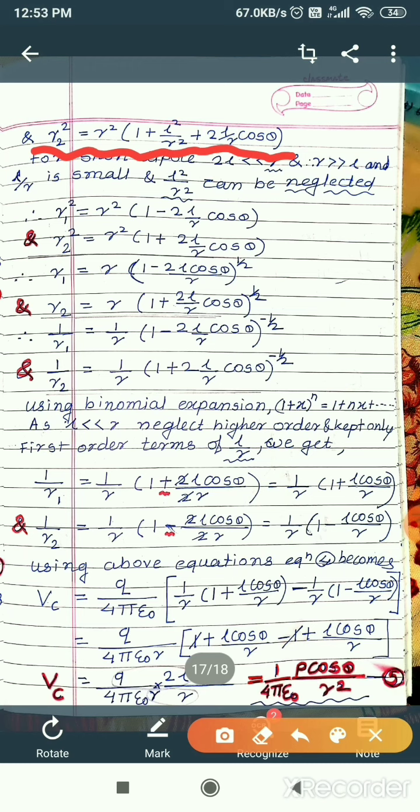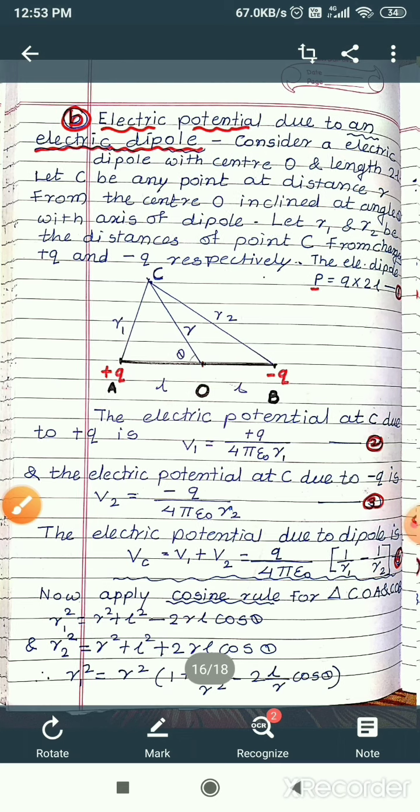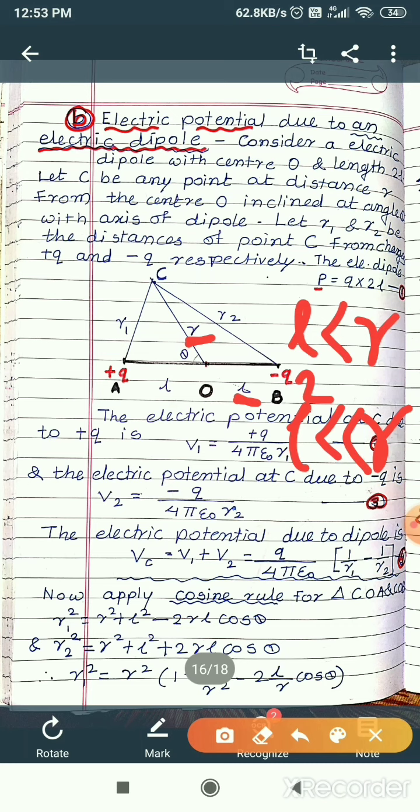As l is very small compared to r, what is l? l is nothing but this distance, and what is r? This one. Therefore, l is small compared to r, and the l square term will be much smaller than r square.